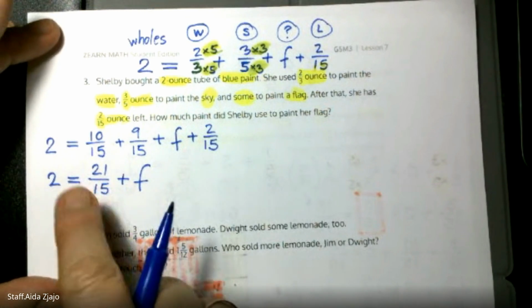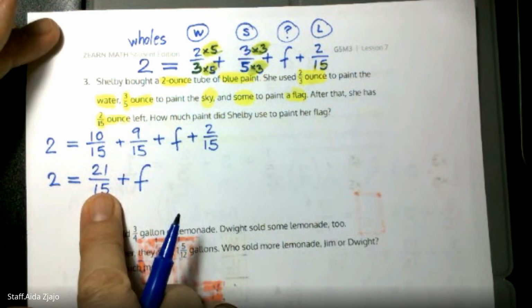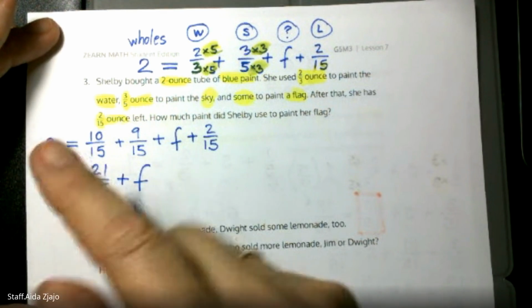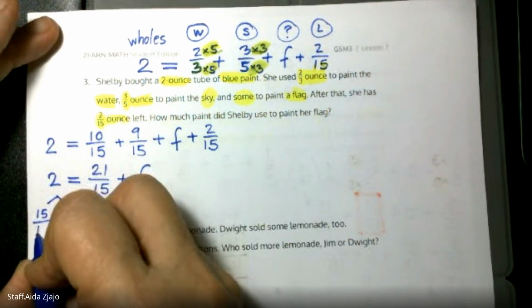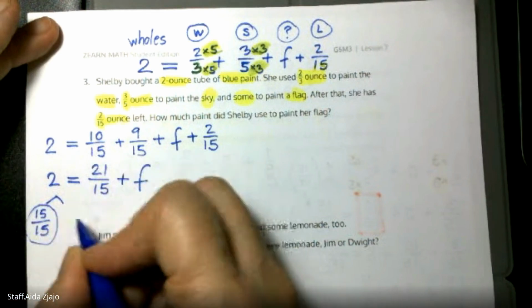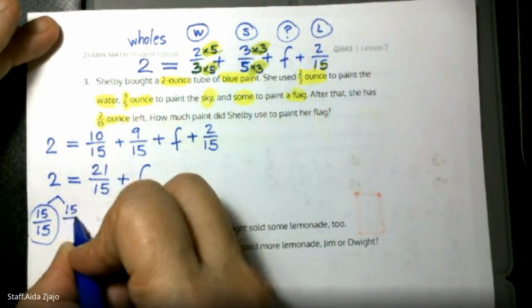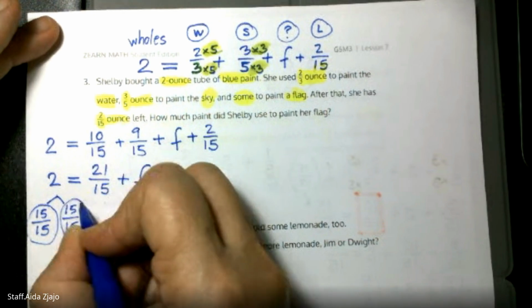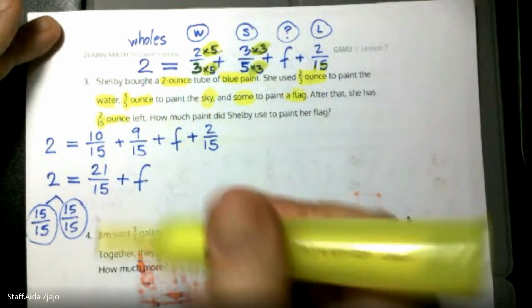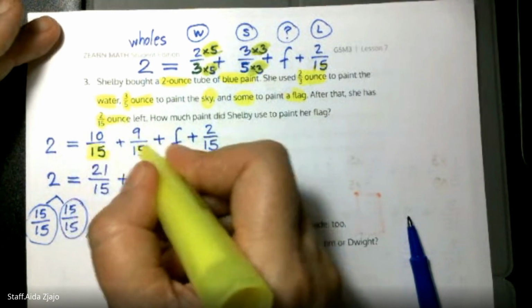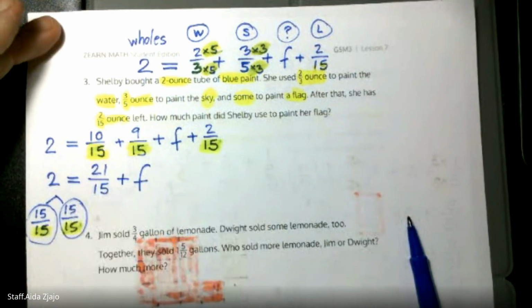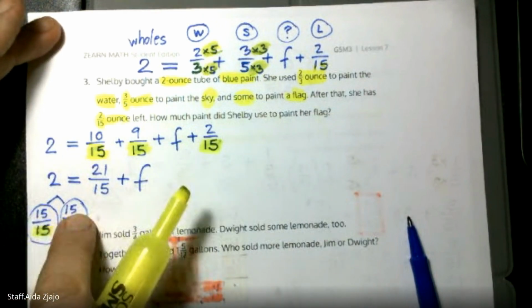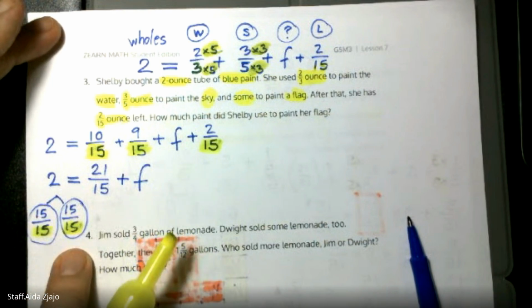Now, in terms of 15ths, 1 whole is 15/15. And another whole is 15/15. So when you think about these as the same pieces, 2 wholes would be 30/15.